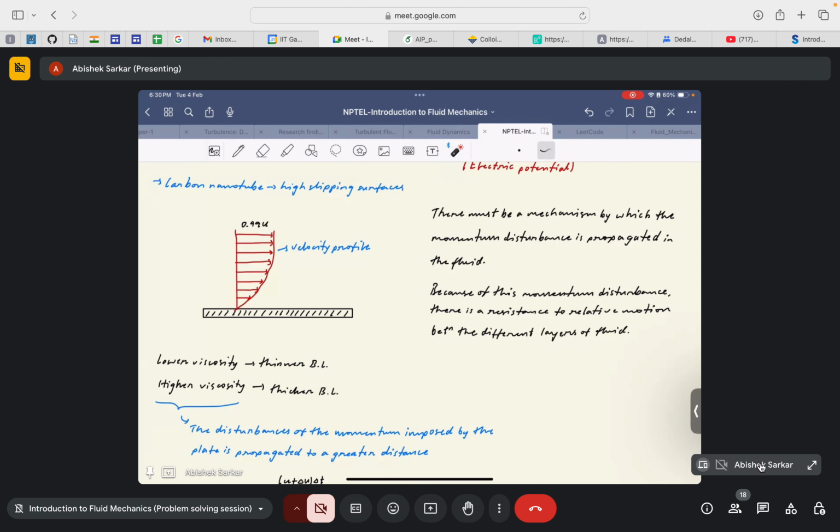So you can see there's a certain pattern or profile in this incremental velocity, which is defined as the velocity profile. This velocity profile is a consequence of the no-slip boundary condition, and it is generated because of the momentum disturbance that is propagated through the fluid molecules by virtue of its viscosity.